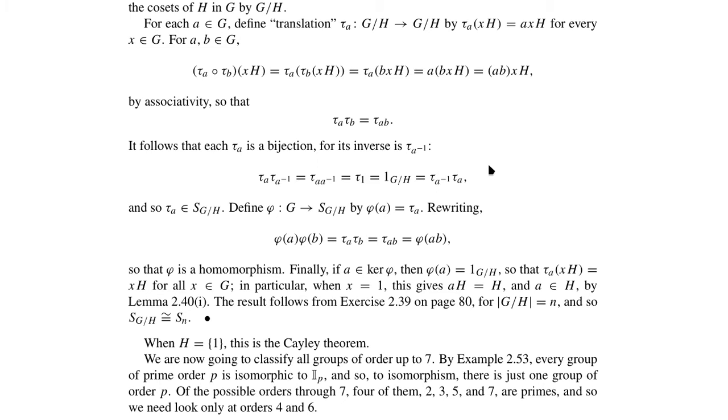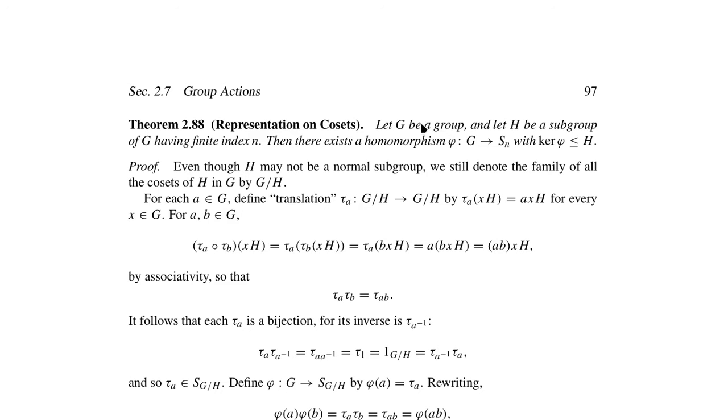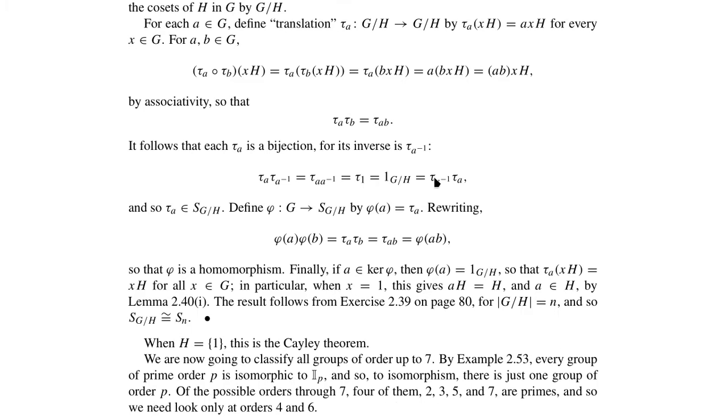You take an element, this map phi gives you a translation, and this is a translation of cosets, right? So again, you do the same trick, you apply this to two elements, you get that phi of AB is equal to phi of A times phi of B, right? So this is a homomorphism again. So what this means is that for every group G, if you have a subgroup of G having finite index, you can have a homomorphism from G to Sn, right?